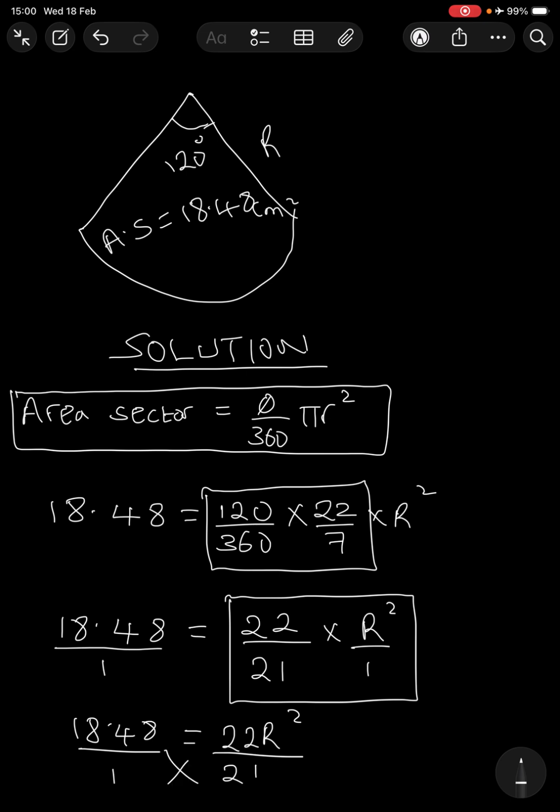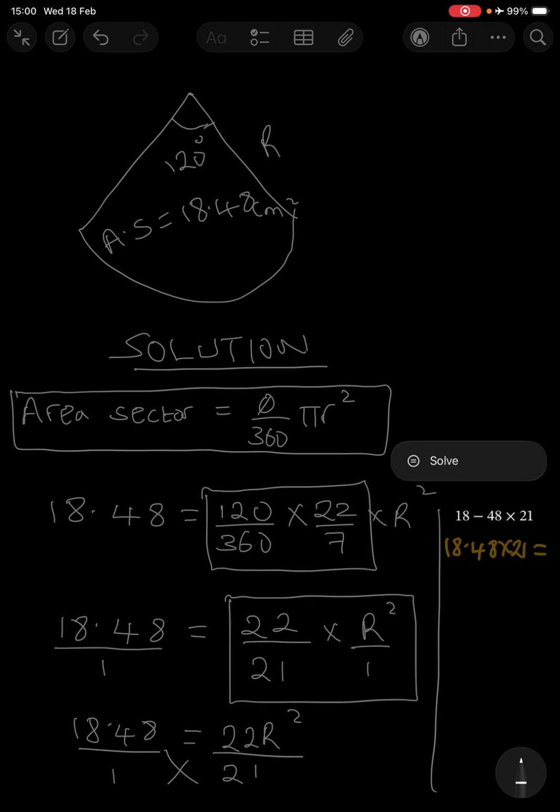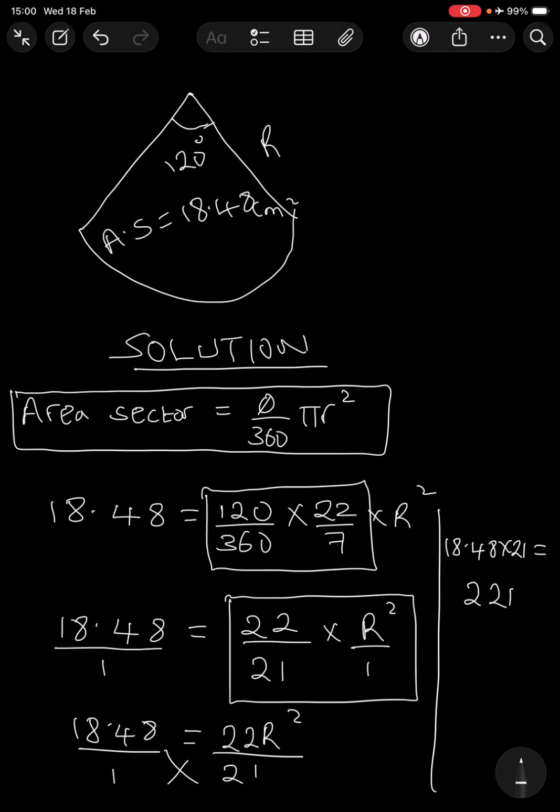Next, we cross multiply. So you take 18.48 times 21, which is equal to 22 r squared. Make r squared the subject, so it is 18.48 times 21 over 22.